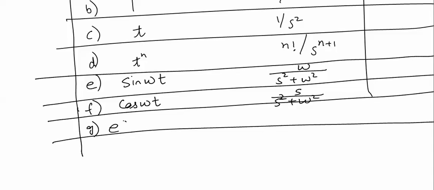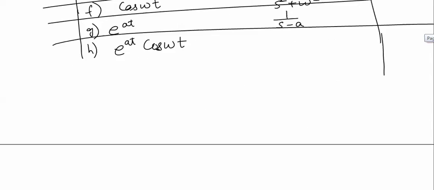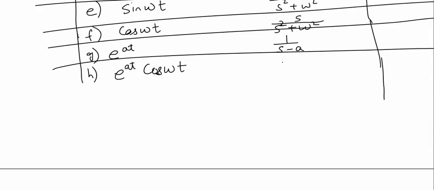Then e raised to at is nothing but 1 upon s minus a. Then if it is something like e raised to at into cos omega t, this would be nothing but shifting.